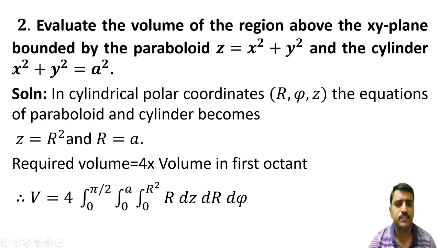Correspondingly z varies from 0 to r square. Here we have to take 1 into dx dy dz, but if you convert, dx dy dz is equal to r into dz dr d phi.